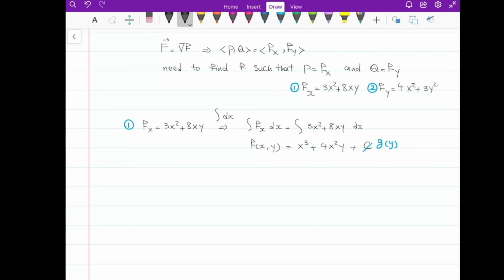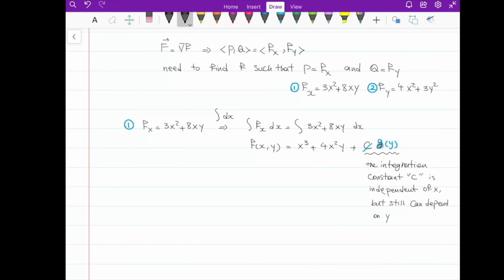So let me write this one in here. The integration constant c is independent of x, but still can depend on y.